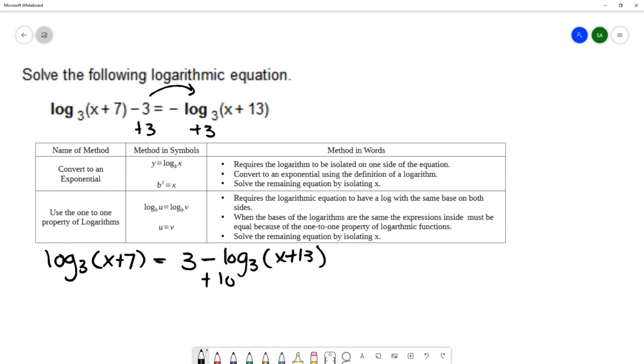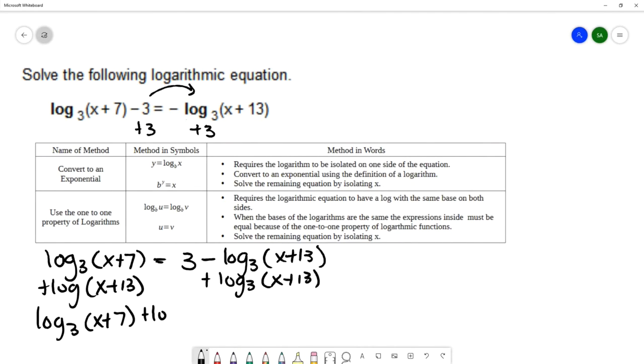Now I'm going to add log base 3 of (x + 13) on both sides, and that gives log base 3 of (x + 7) plus log base 3 of (x + 13) equals 3.